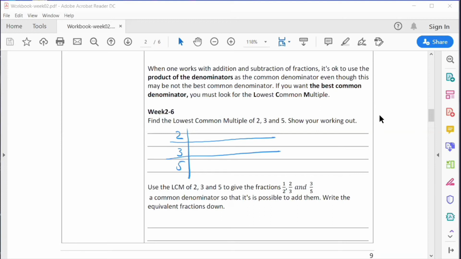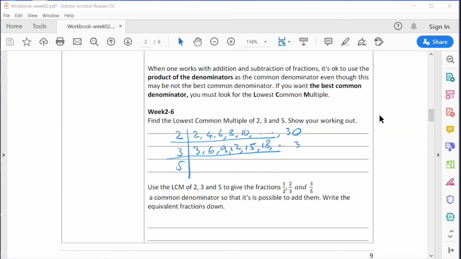So here we have 2, 4, 6, 8, 10, and more. And once you actually get pretty far, you go to 30, that's a bit of trouble. So 3, 6, 9, 12, 15, 18, and it's pretty far.